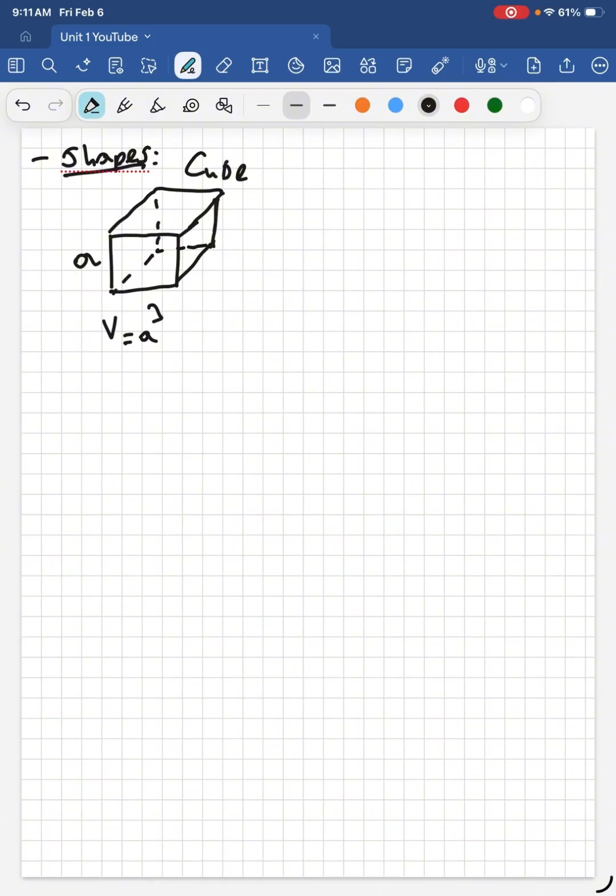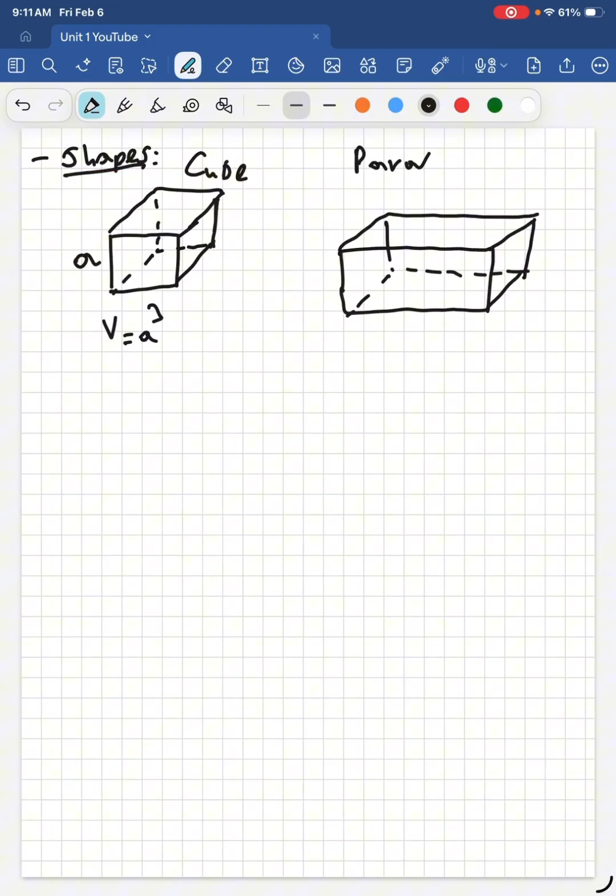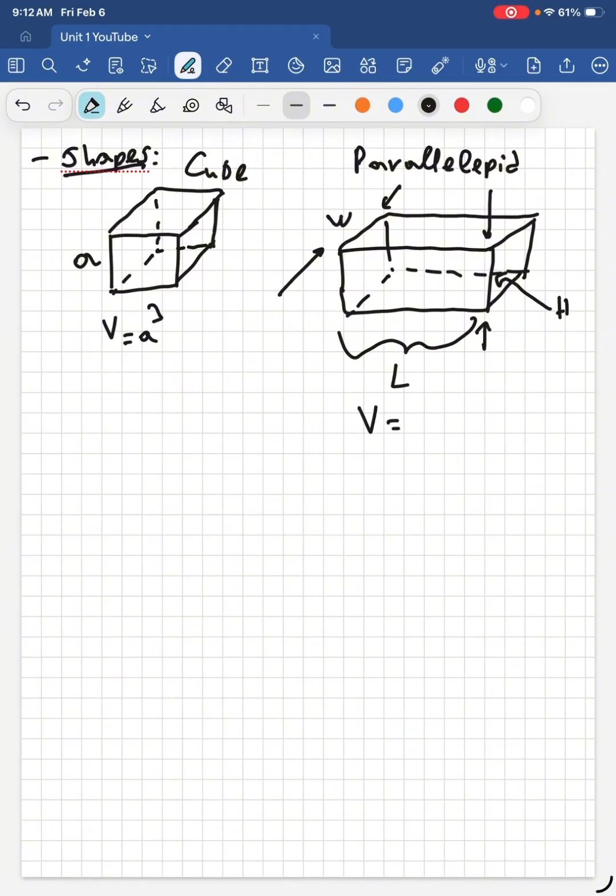Then we have, let me draw it first, I'm going to have trouble pronouncing it, even though I'm a native Greek speaker, the parallelepiped, something like that, I think. So this is the width, this is the height, and this is the length. So the volume of this object is width, height, length.